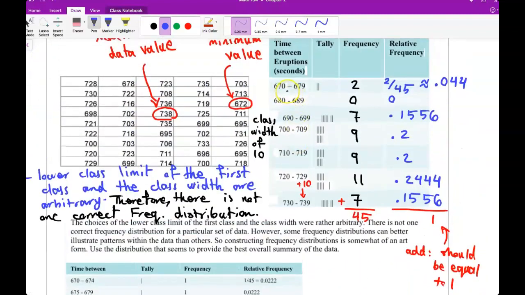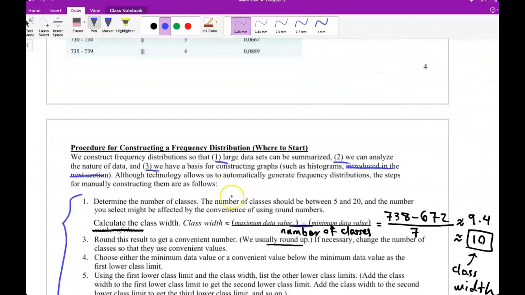The numbers that I use are 670 up to 680. I'm not using that one because this is 679.9999, I'm not able to write it that way. So I'm using these lower limits. So 670, 680.